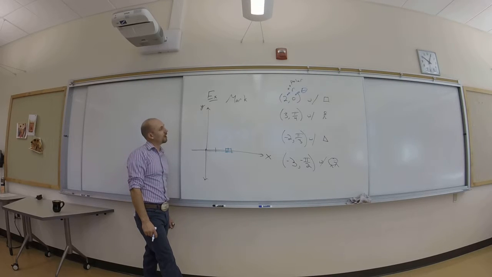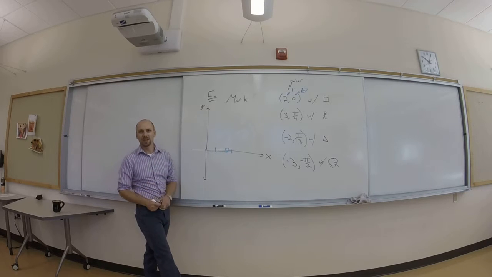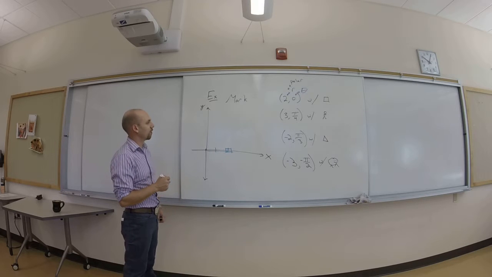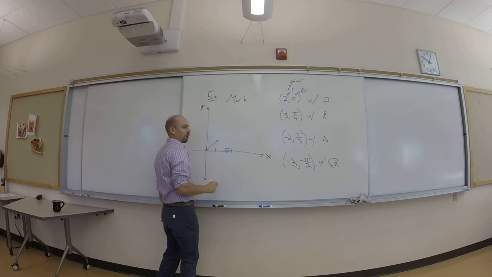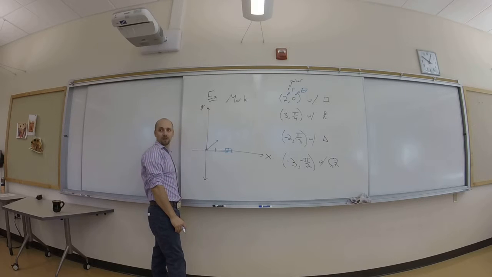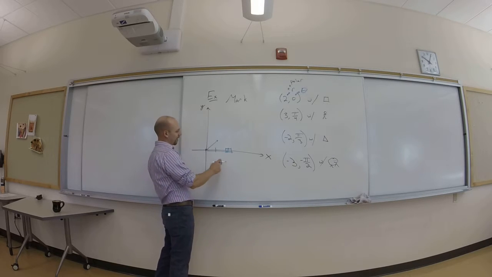All right. How about I want to go 3, pi over 4 and put a little stick man. What do I do first? Angle pi over 4. So pi over 4 looks like what? 45 degrees. So I'm looking at kind of this sort of angle, and then I need to go 3 out.